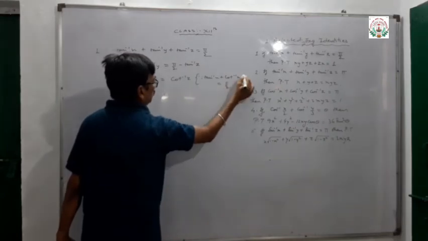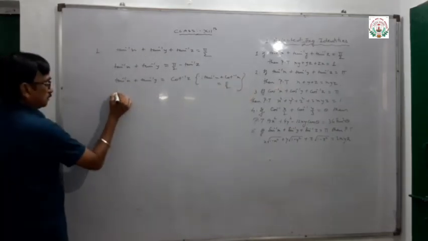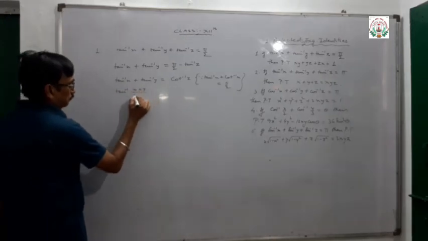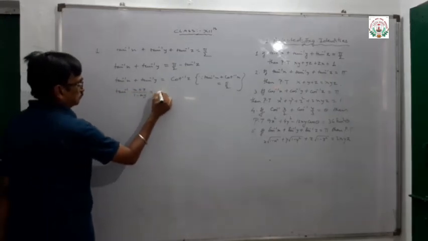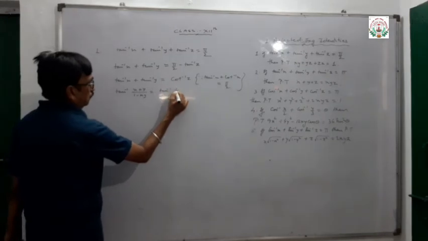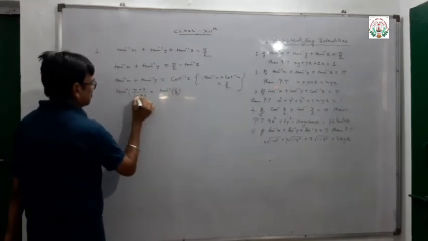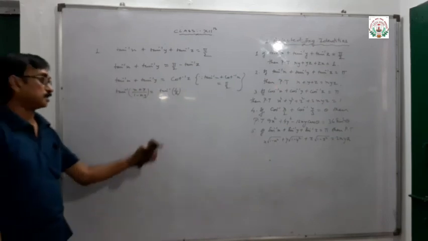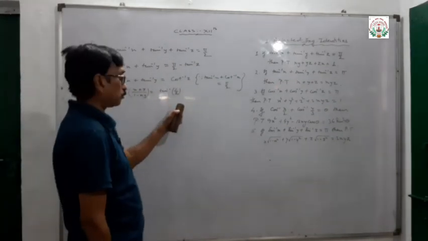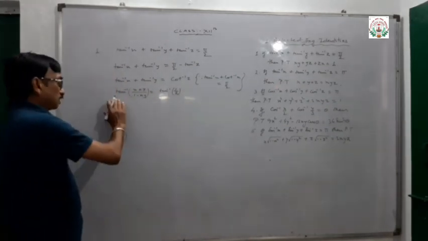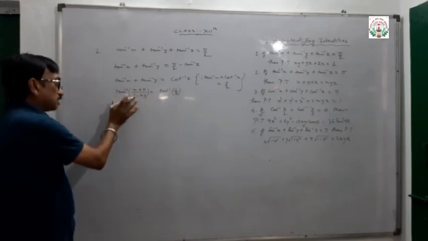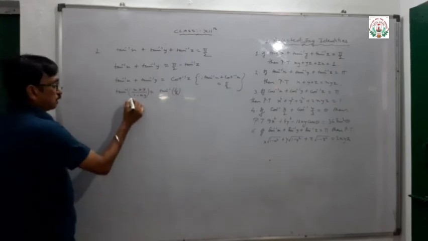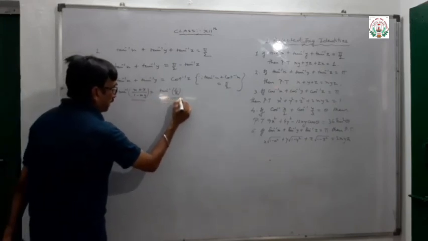As we know that tan inverse of x plus cot inverse of x is equal to pi by 2. So tan inverse of x plus y upon 1 minus xy equals tan inverse of 1 by z. Here we use the formula for tan inverse of x plus tan inverse of y, and on the right side we apply the reciprocal property. Now on both the left and right side there is a single tan inverse, so we compare their angles.